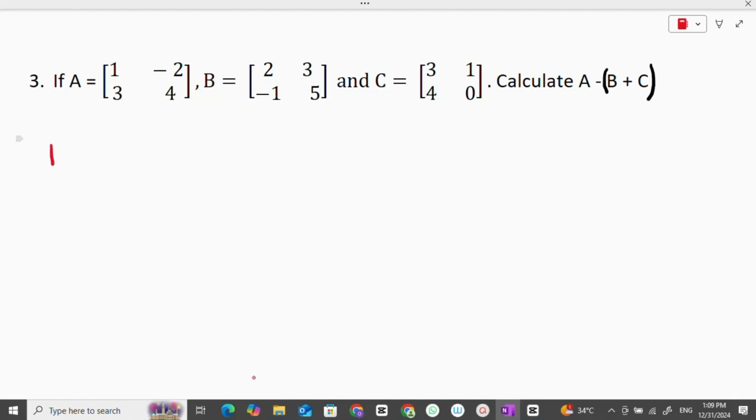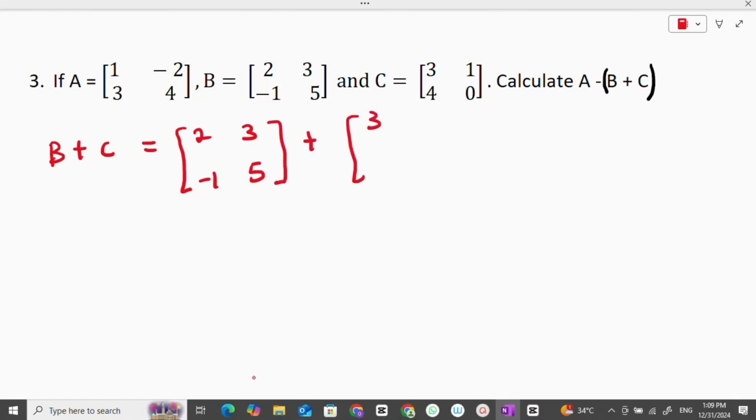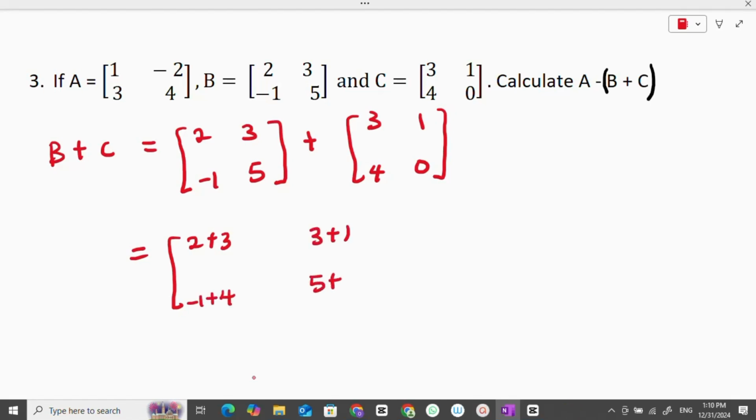So B plus C is equal to, now we have the value of B to be 2, 3, negative 1, and 5, and the matrix of C to be 3, 1, 4, and 0. Adding the both of them, you're taking the elements in the first row and first column in both matrices. So we have 2 plus 3, 3 plus 1, negative 1 plus 4, and 5 plus 0.